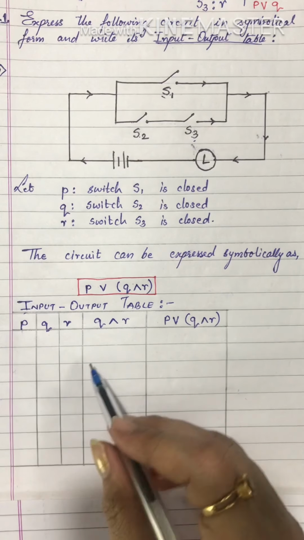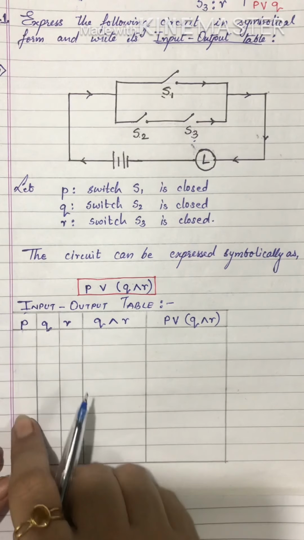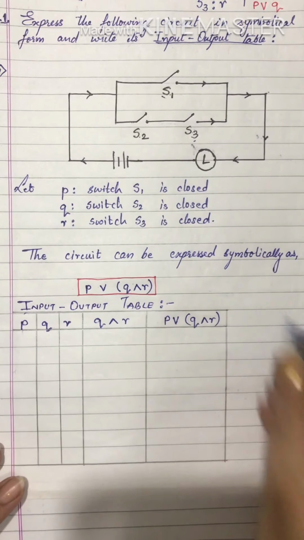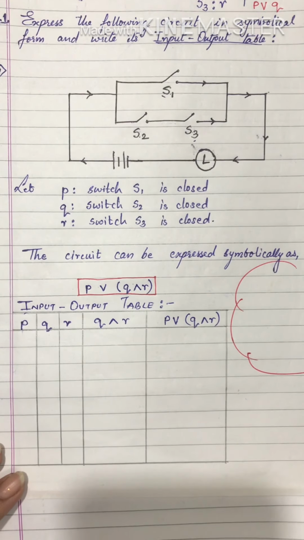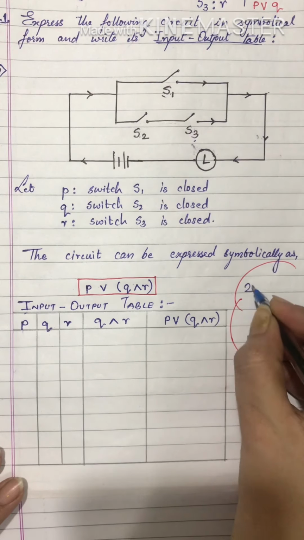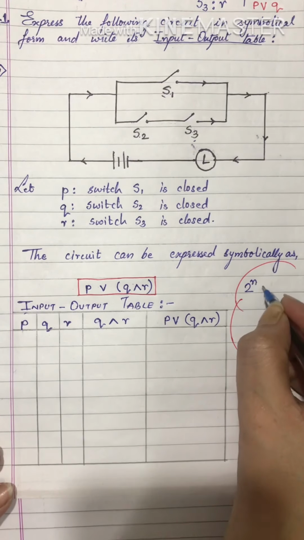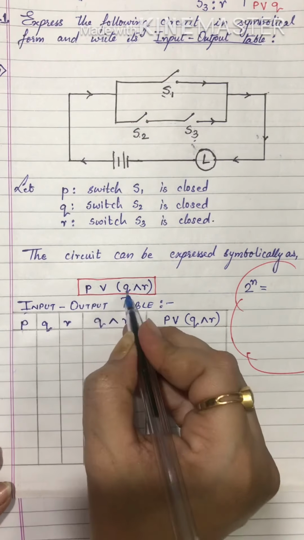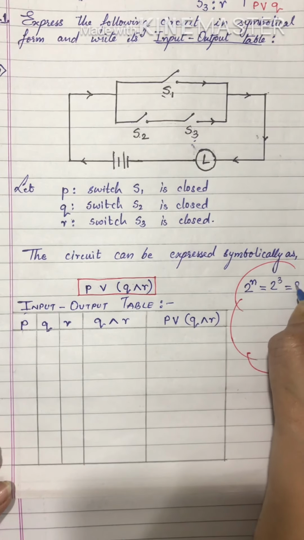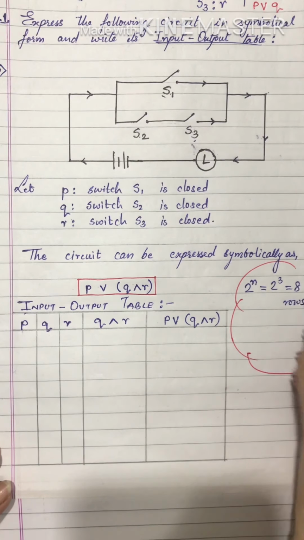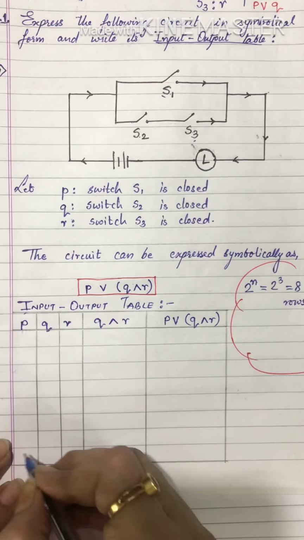Now before starting, once again I'll revise very much in short how many rows we need here. It was explained earlier to you. We can find the number of rows needed by the formula 2 raised to n, where n is the number of statements. So here we have 3 statements, P, Q, R. So 2 raised to 3, that is 8 rows are needed. Fine, divide that 8 into half, and then 4 times true, 4 times false.